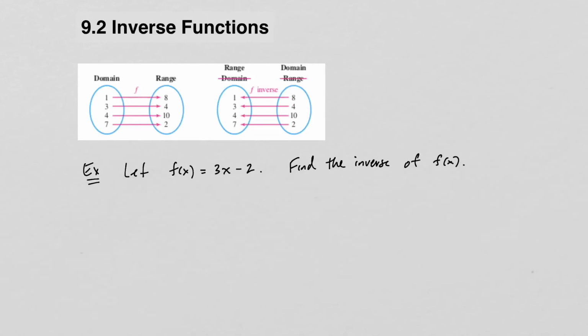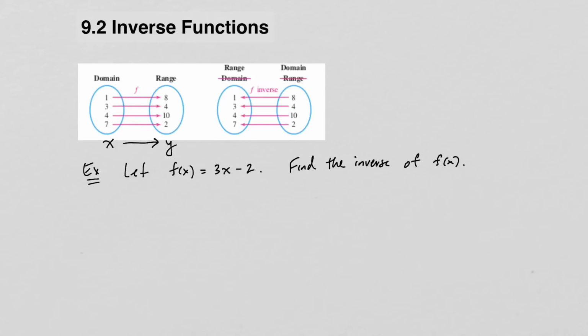So, first thing I'm going to do here is talk about the function f of x equals 3x minus 2 and how we can find the inverse of this function. If you go back to this very basic concept, the basic idea is a function takes a set of x's and converts it into y's.